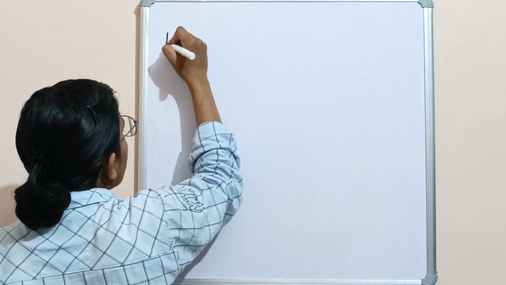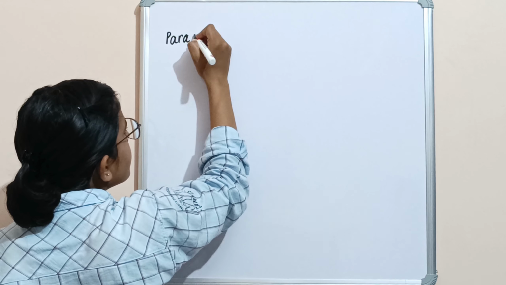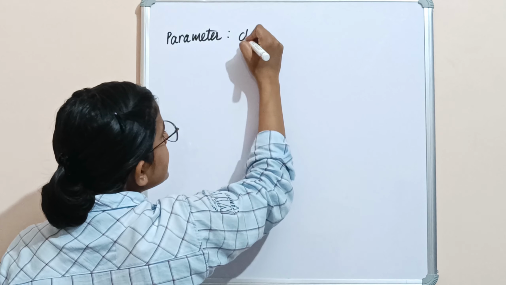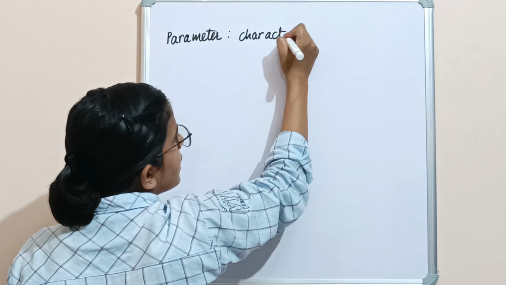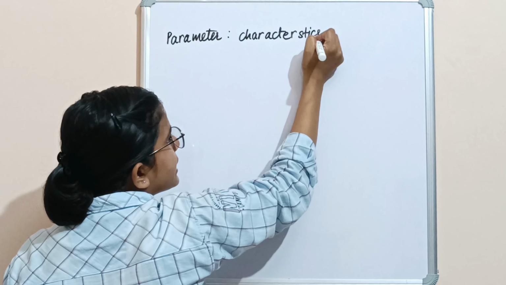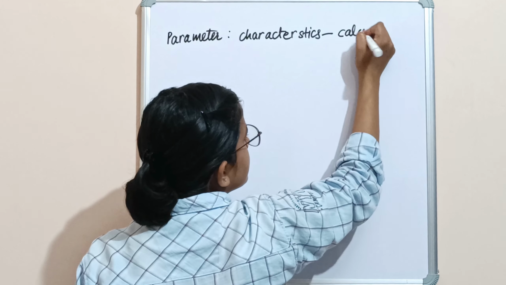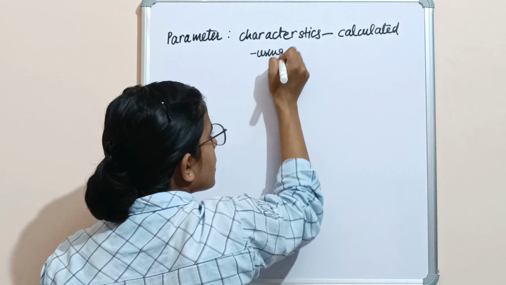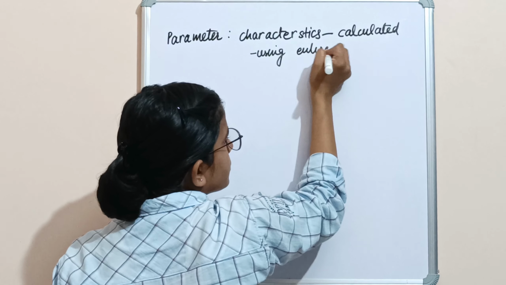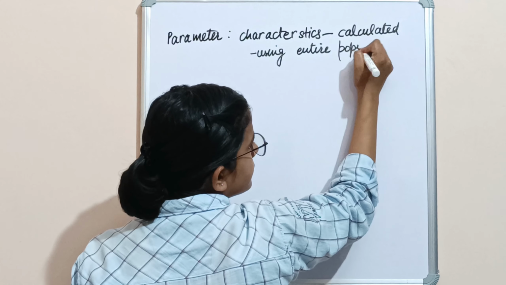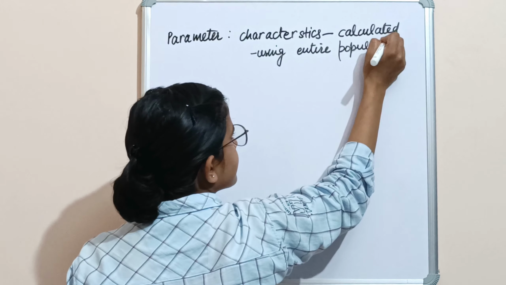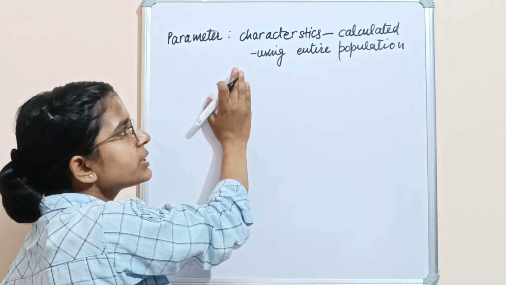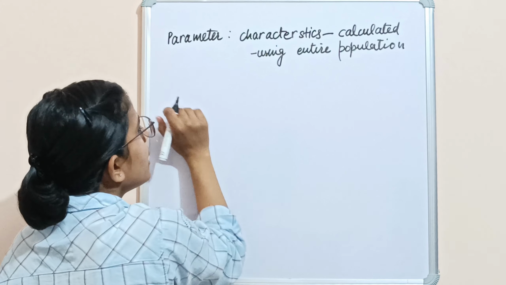First of them is a parameter. A parameter is a characteristic that is calculated using the entire population.